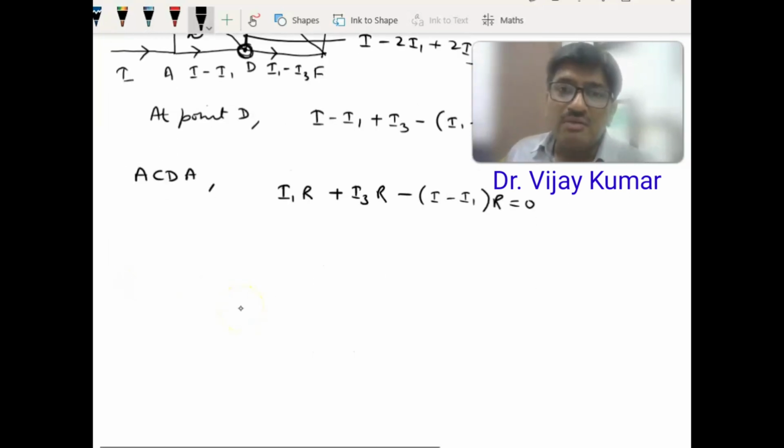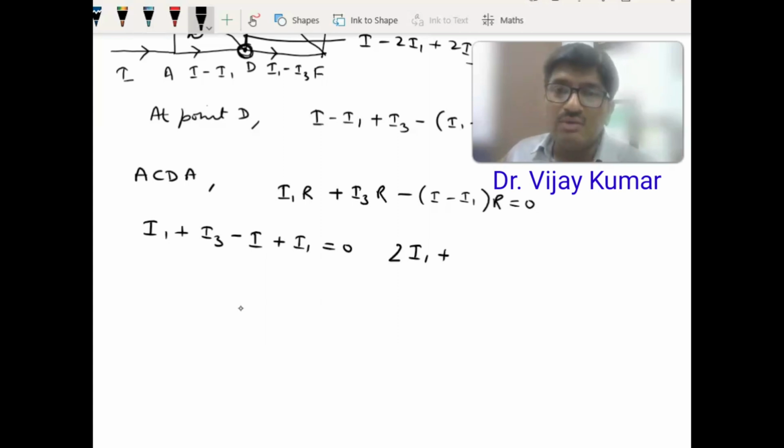So it becomes I1 plus I3 minus I plus I1 equals 0, or 2I1 plus I3 equals I. This is equation number 1.